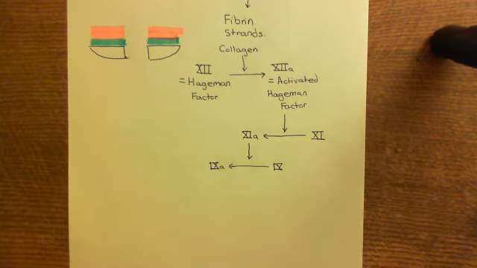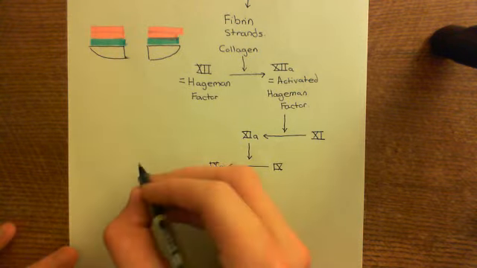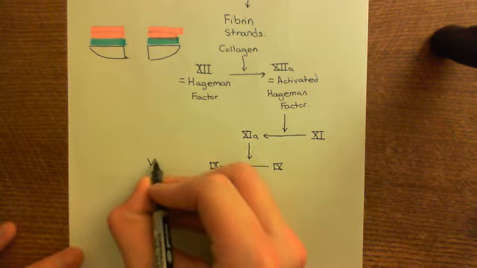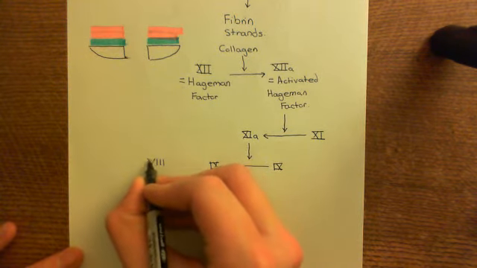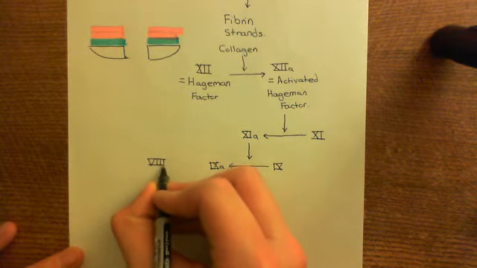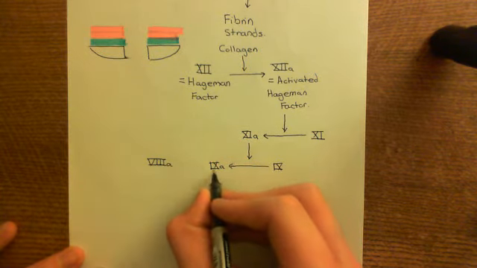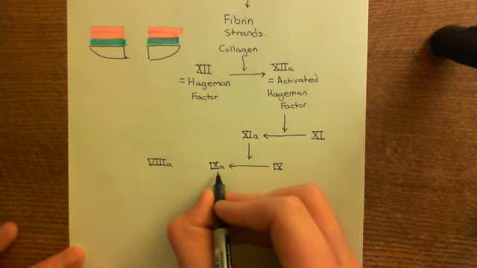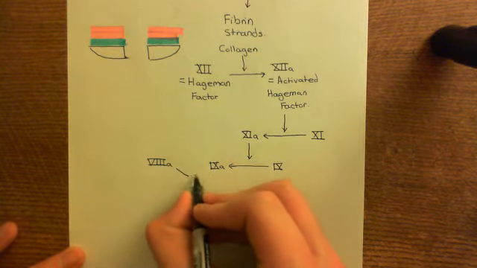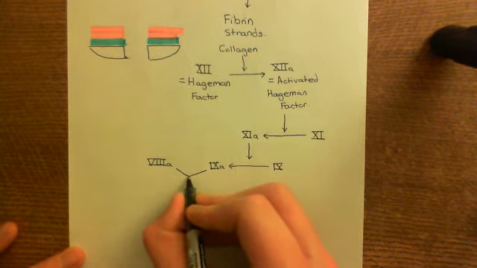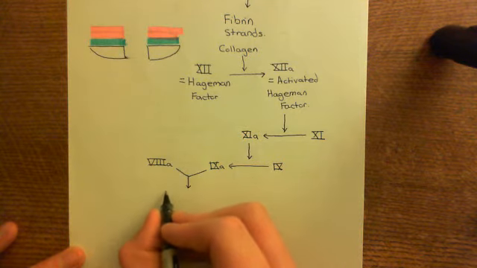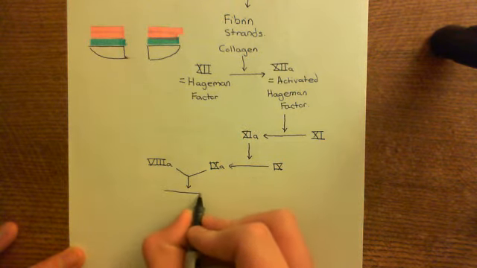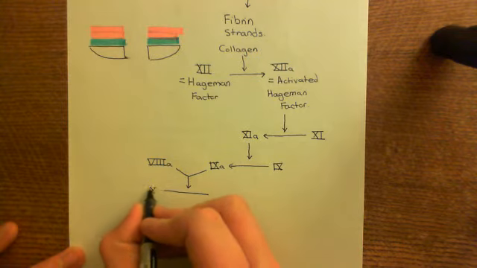Basically, factor 9A activates factor 10, but there's also a cofactor for this enzyme. So you also need factor 8A here. And then together they will convert factor 10 to factor 10A.